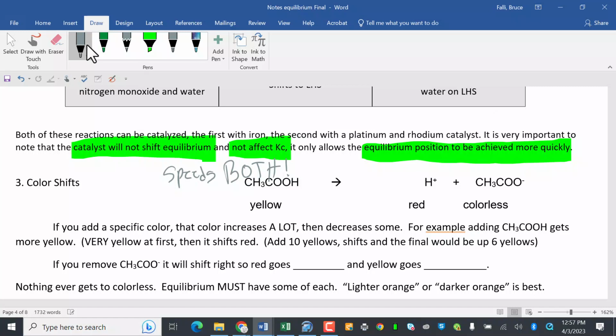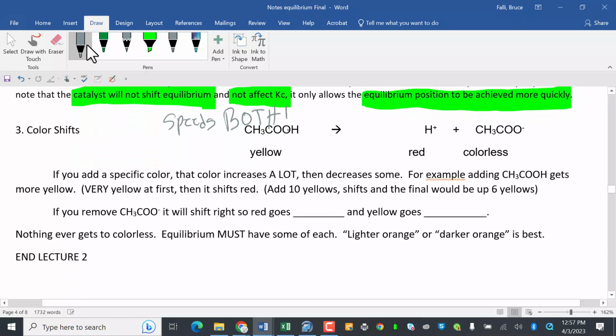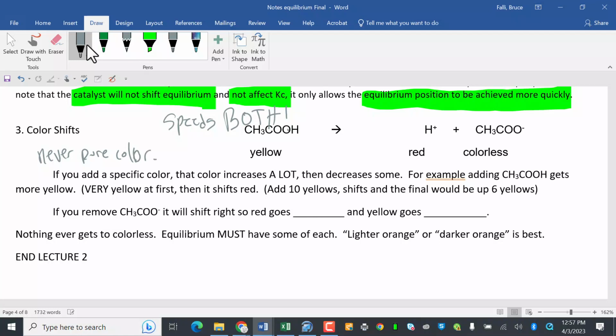Okay, color shifts. So many times we try and figure out what's going to happen, whether it's going to become a lighter or darker color. First of all, you will never have a pure color, because there's never zero at equilibrium in an equilibrium system.